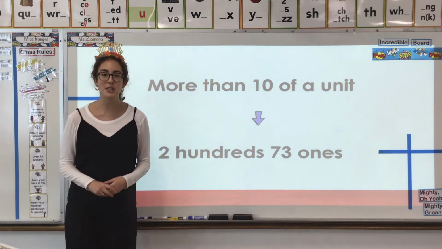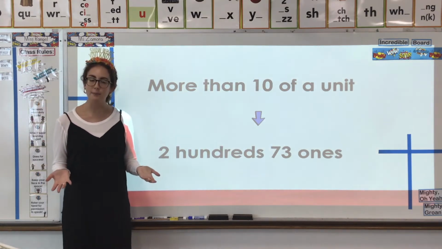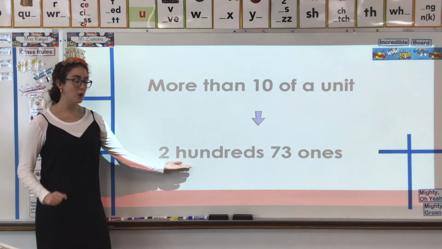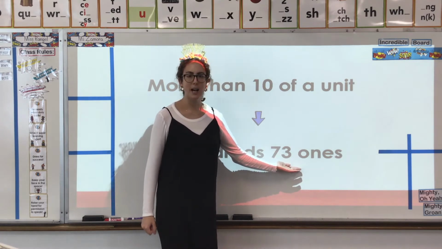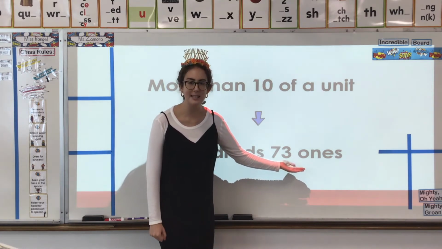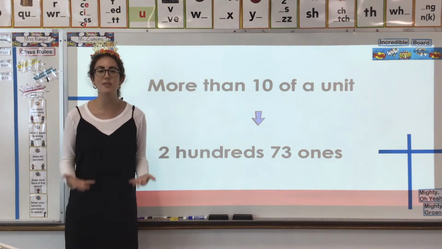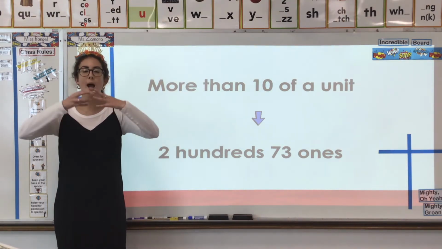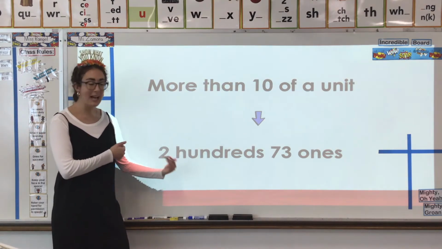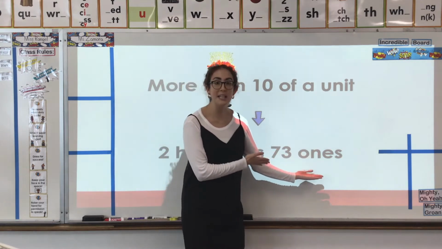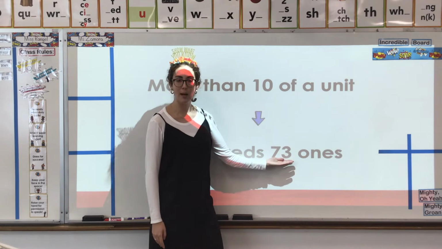So if we were to look at 273 again, and this time it was given to us as a group of 200s, but then a group of 73 ones, we're not quite sure how much we have at this exact moment. We're not seeing all the units. In this moment, we only have hundreds and then a really big group of ones. More than 10 ones.